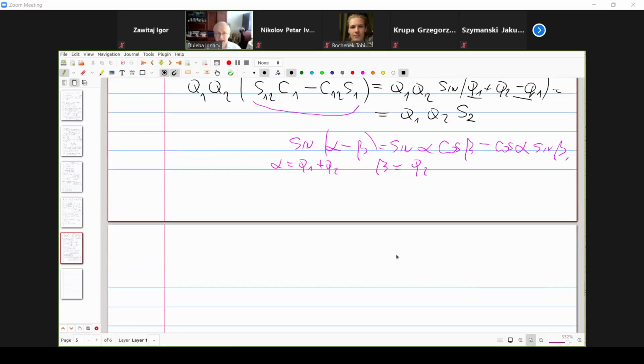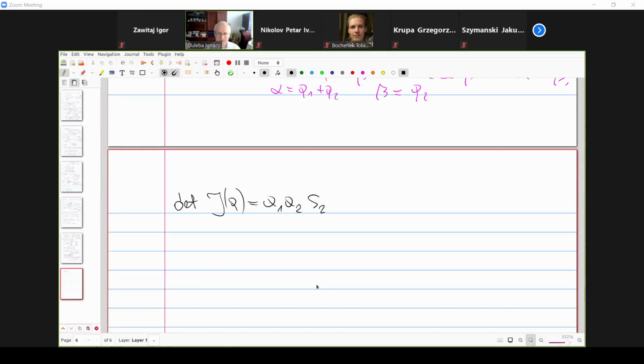So what we have, the determinant of the Jacobian matrix in this case is equal to A1 A2 sin Q2.